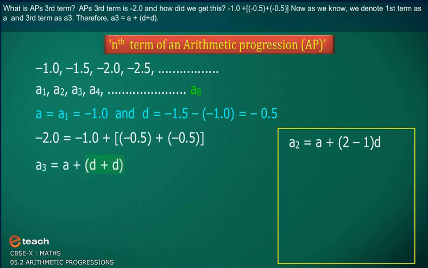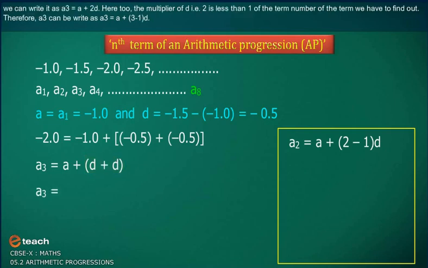Therefore, a3 is equal to a plus into bracket d plus d. We can write it as a3 is equal to a plus 2d. Here too, the multiplier of d, that is 2, is less than 1 of the term number of the term we have to find out. Therefore, a3 can be written as a3 is equal to a plus into bracket 3 minus 1 d.